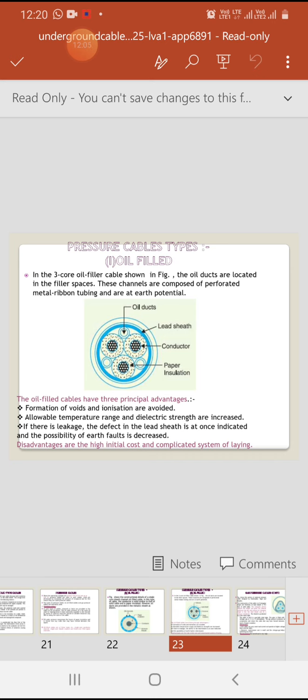The third advantage is, if there is leakage, the defect in the lead sheath is at once indicated, and the possibility of earth fault is decreased. However, the disadvantages of this kind of cables are the high initial cost and complicated system of laying.